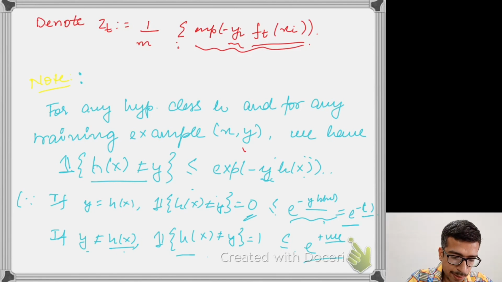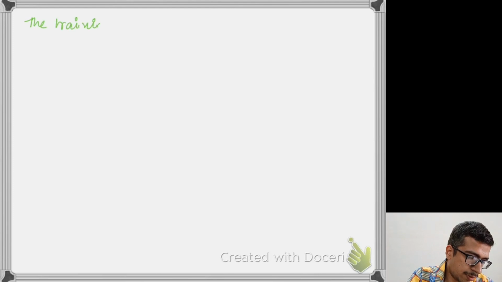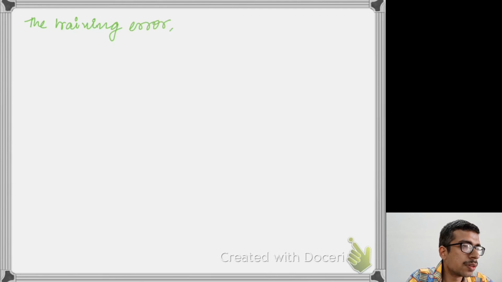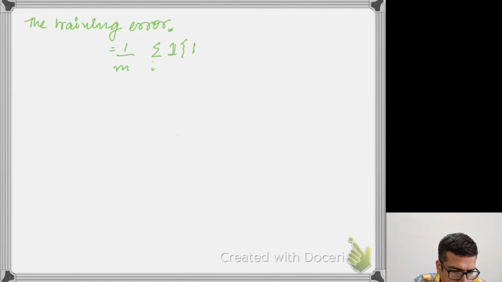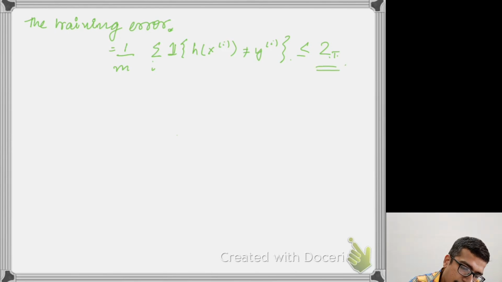Now the training error, which equals 1 by m times the sum over i of the indicator function that h(x_i) is not equal to y_i, is less than or equal to Z sub capital T. Why is this less than or equal to Z_T?